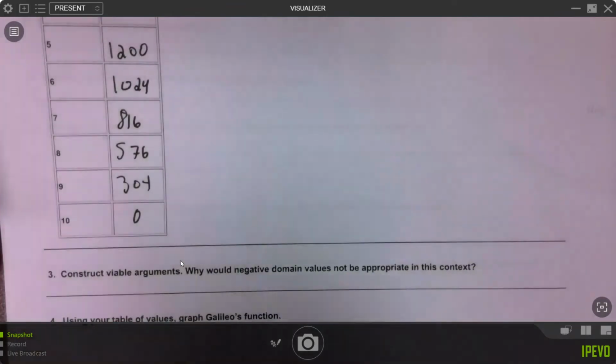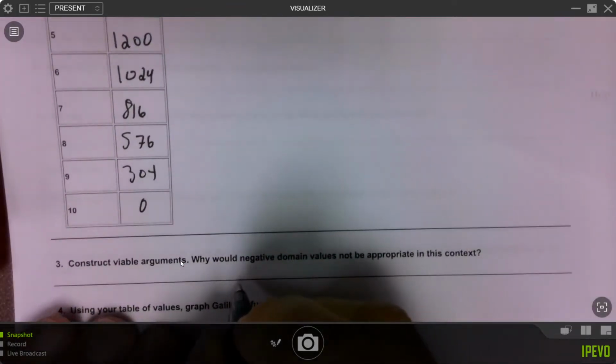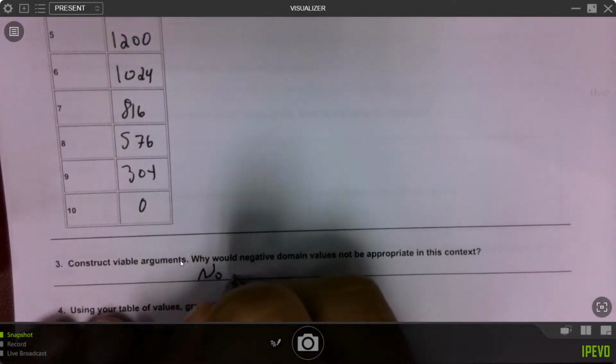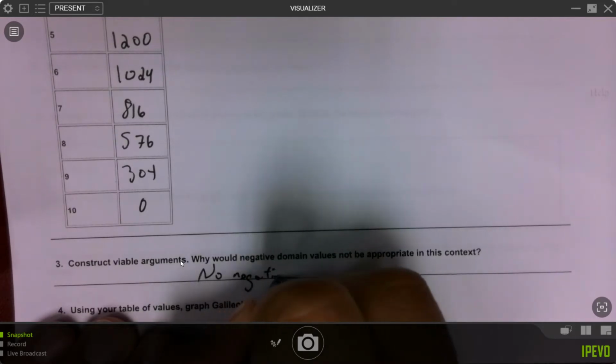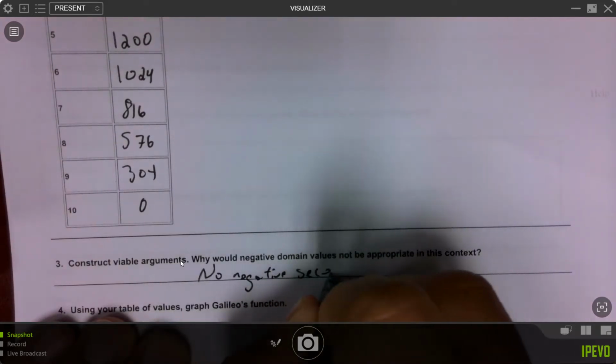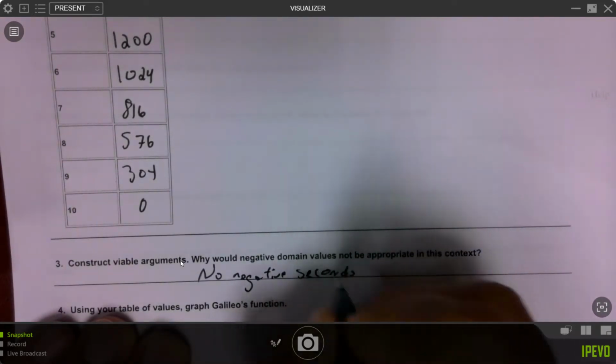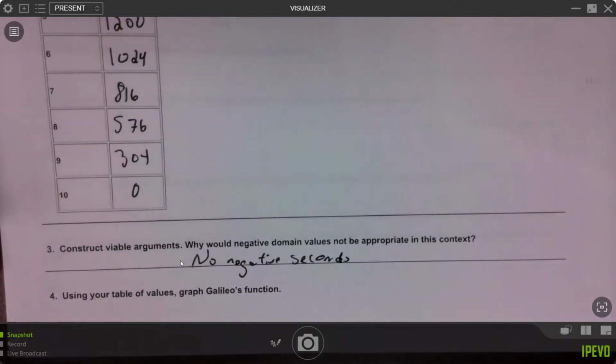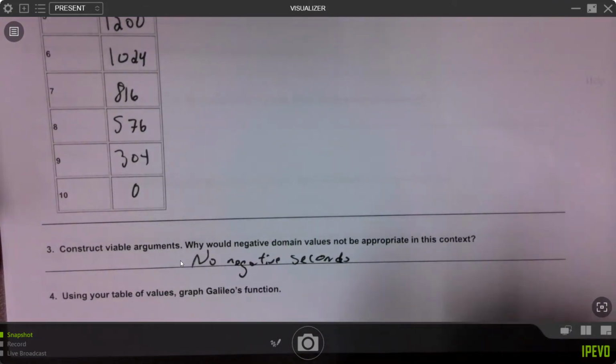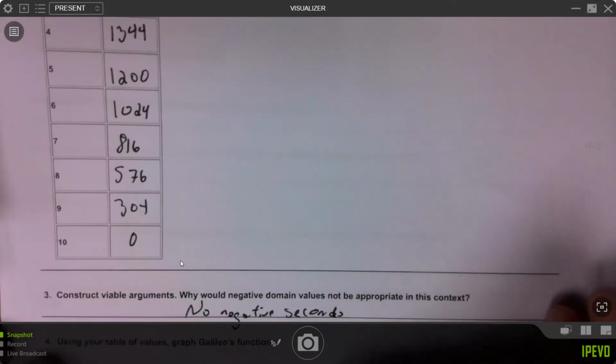But as far as seconds, I can't have negative seconds. I'm going to put it in shorthand, but I can have no negative seconds here. It looks a little different from your book because I printed it off of the internet version.